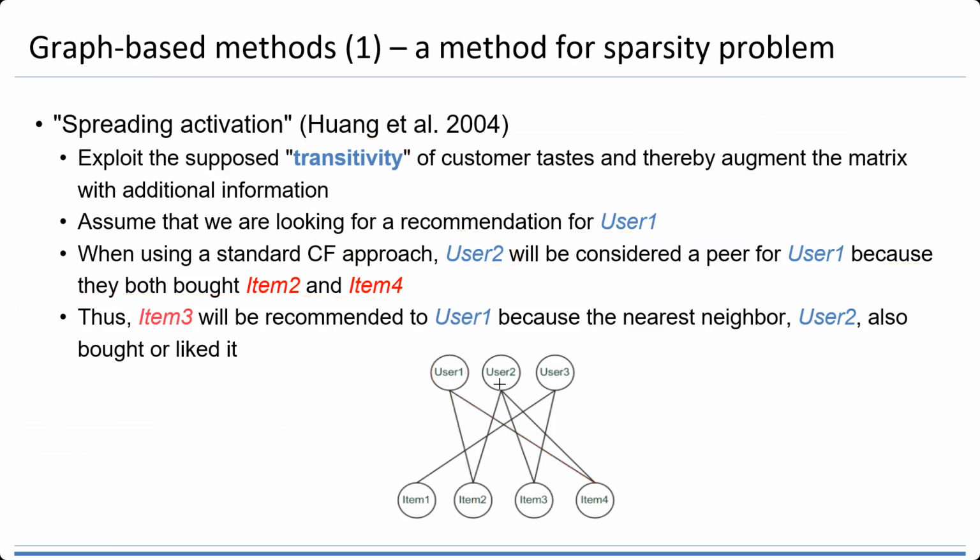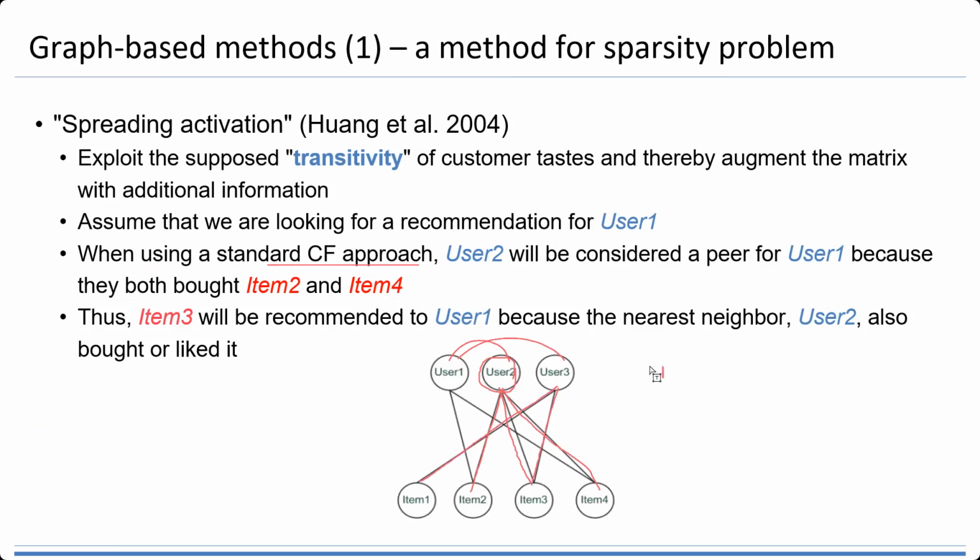User 2 bought item 2, item 3, item 4. With the standard CF approach, user 2 might be closer to user 1 compared to user 3. Why? User 3 bought item 1 and item 3.